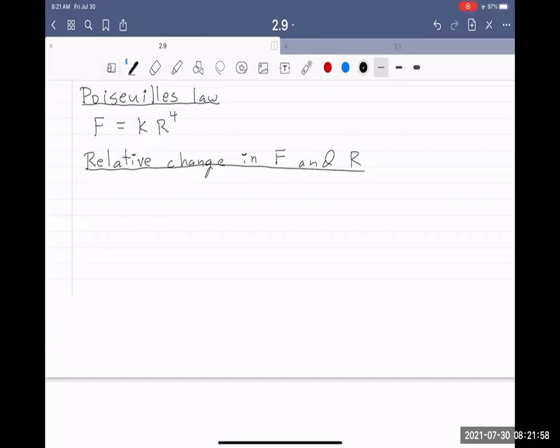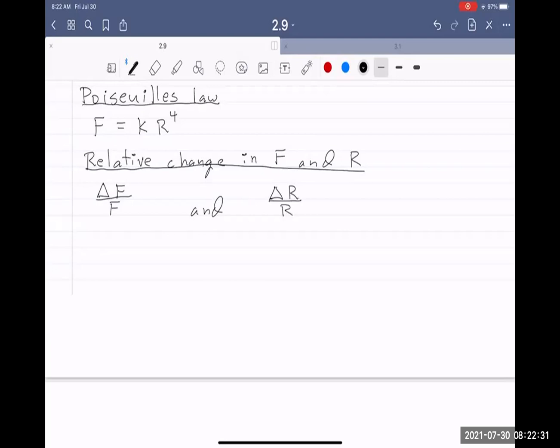So the relative change in F is the change in F divided by F. The relative change in r is the change in r divided by r.